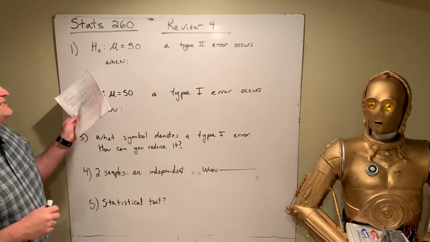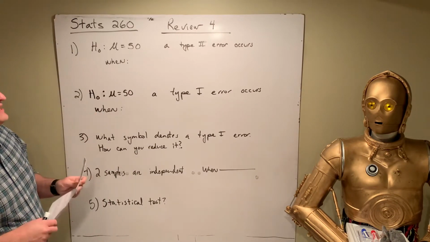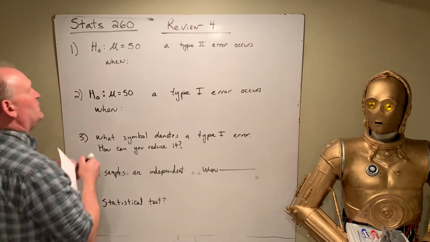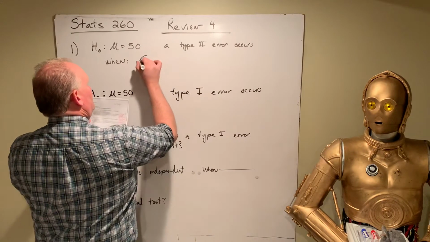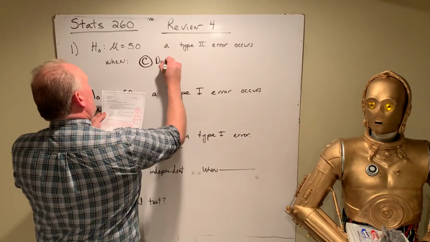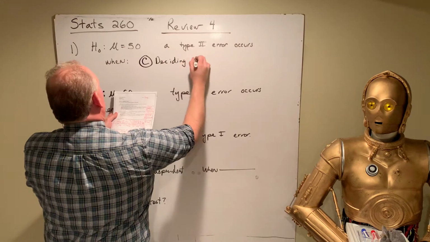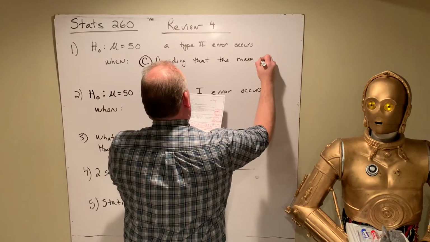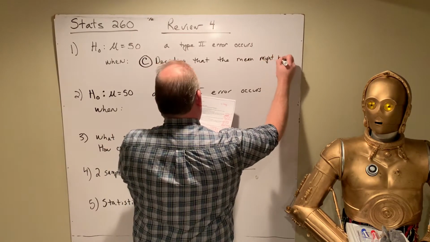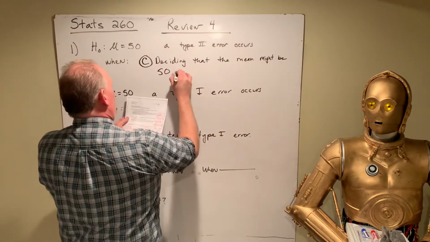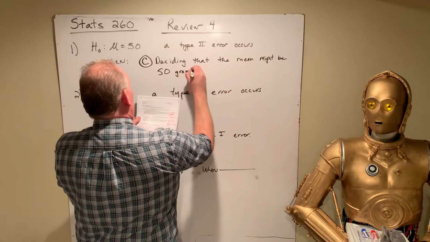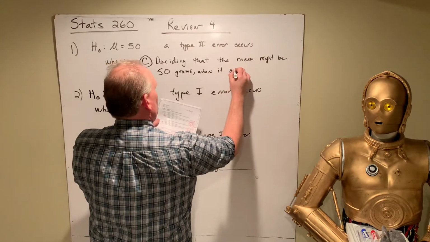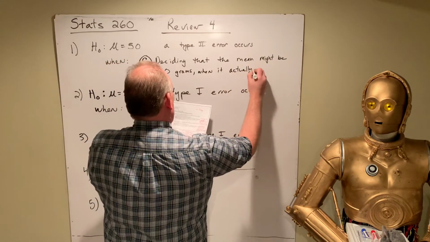The null hypothesis is mu is equal to 50. A type 2 error occurs when, and it's choice C, deciding that the mean might be 50 grams when it actually is not.